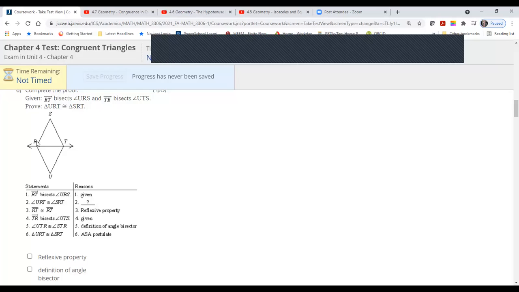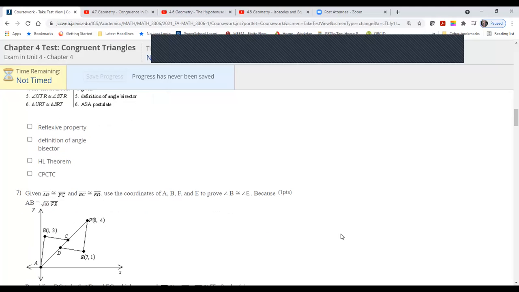So this angle equals this angle. So what is the reason? Do you know what is the reason? You need to pick one of these answers. I think this one, right? The definition of angle bisector, right?